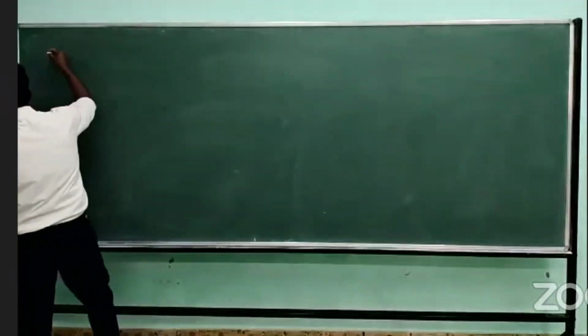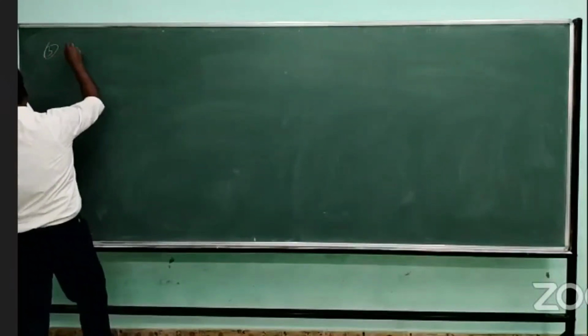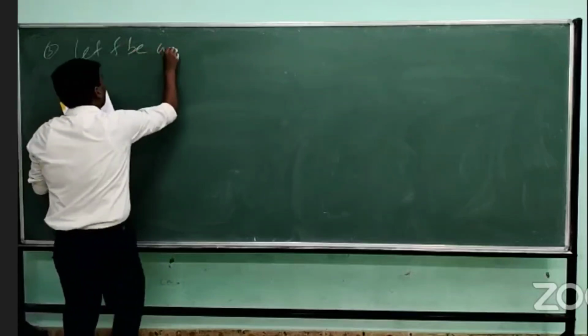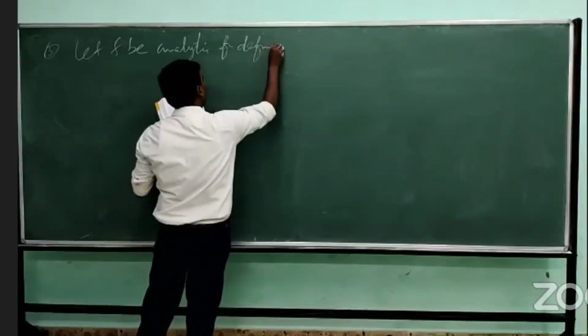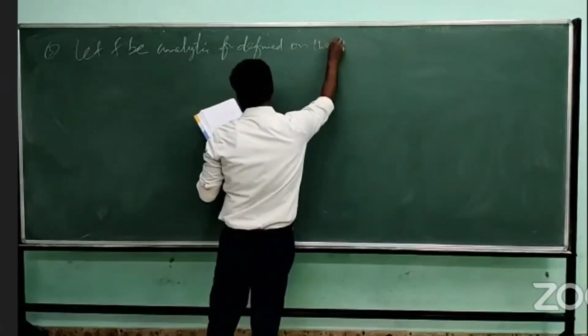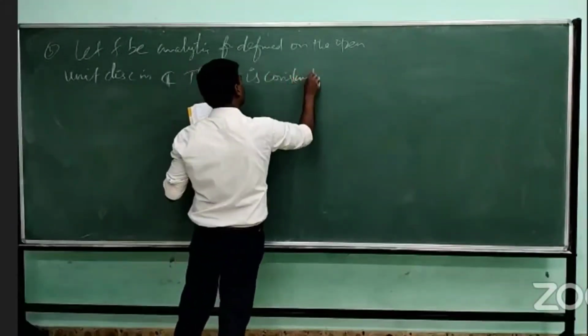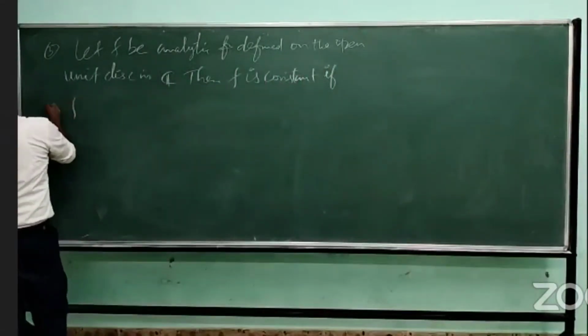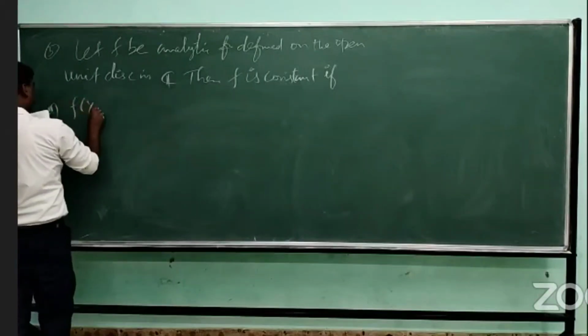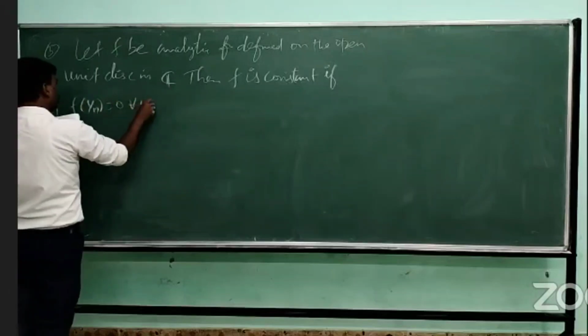Anyway, madam. So this is problem number 3. Let f be an analytic function defined on the open unit disk in C. Then f is constant if: option A, f of 1/n equals 0 for every n greater than or equal to 1.